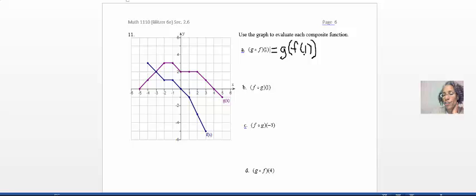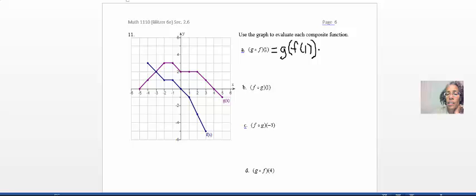Now here's what I want to point out: I need to go to 1 on the graph, and I need to find the y value of f when x is 1. And I see that's negative 1.